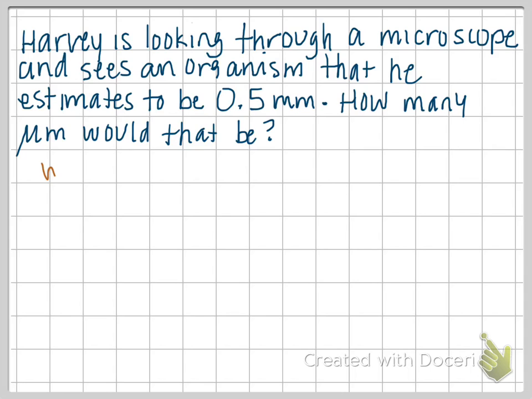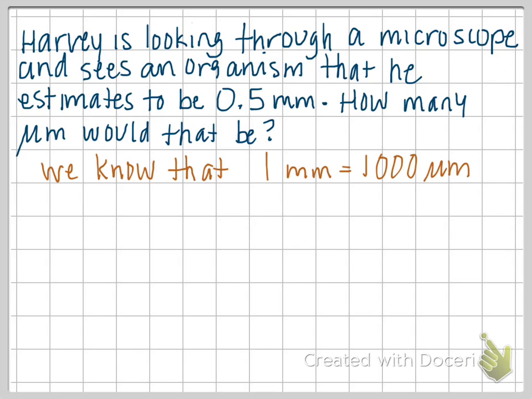So the first thing we know is that 1 millimeter equals 1,000 micrometers. So from here, you should be able to write two conversion factors. I'm going to give you a few seconds to do that.